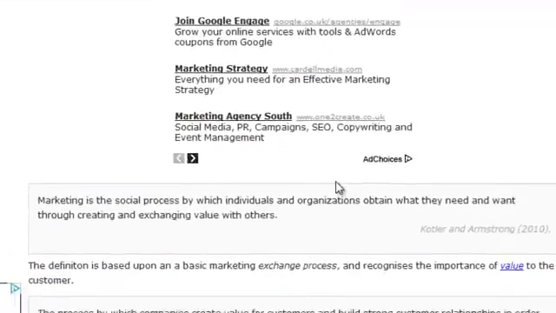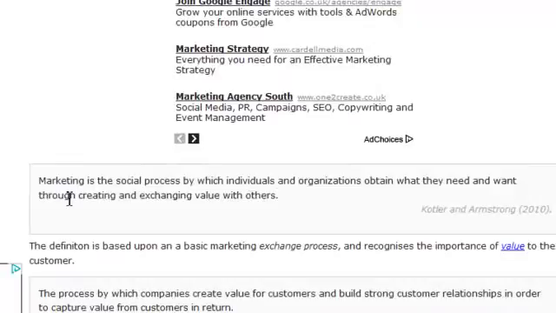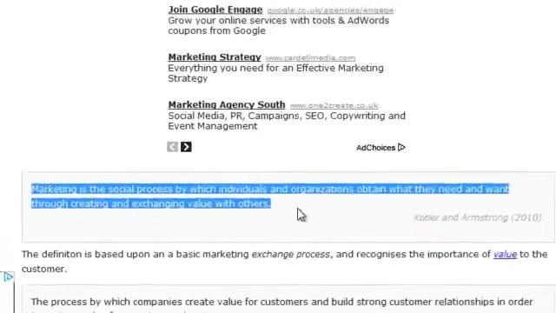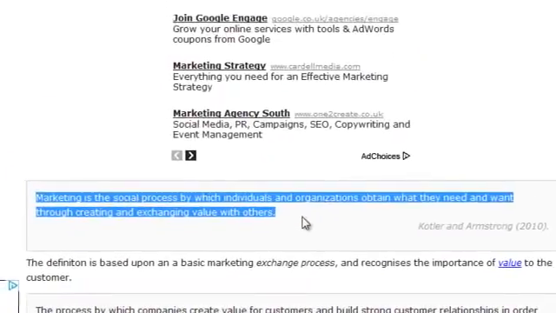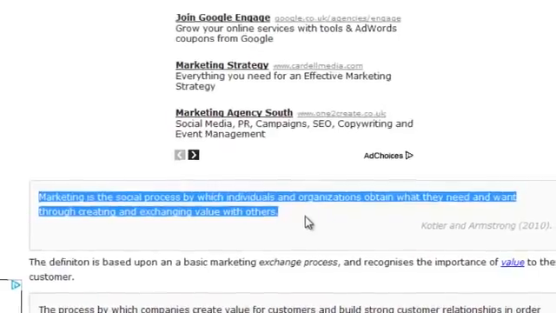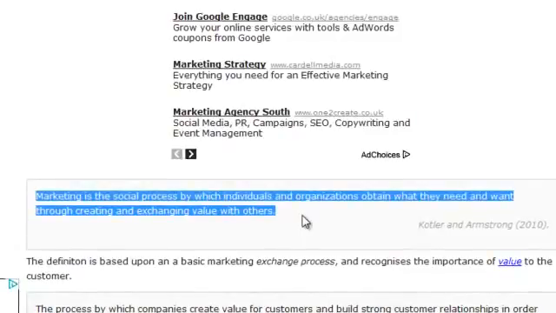Right, let's pick out some words here in Kotler's definition of marketing. Marketing is the social process by which individuals and organizations obtain what they need and want through creating and exchanging value with others.